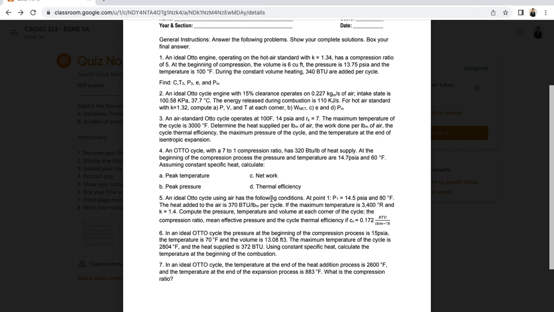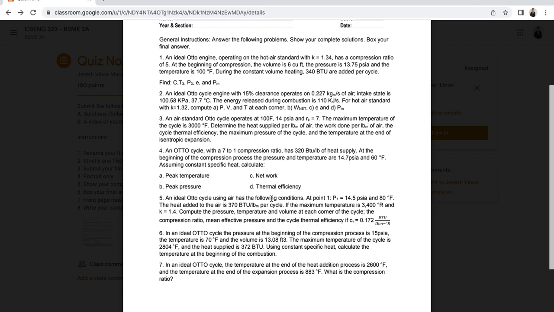So, the givens are: c equal to 15% or 0.15, m equal to 0.227 kg mass per second, P1 equal to 100.58 kPa, T1 equal to 37.7 degrees Celsius, QA equal to 110 kJ per second, and k equal to 1.32.